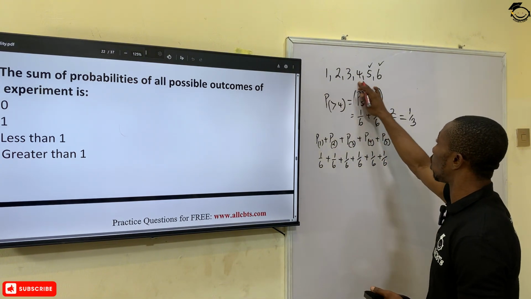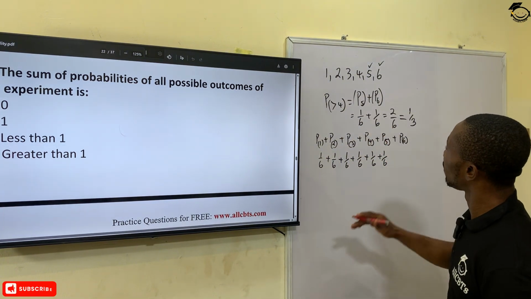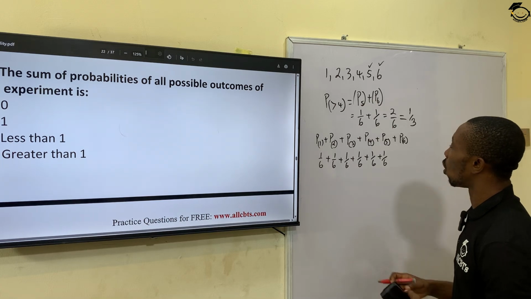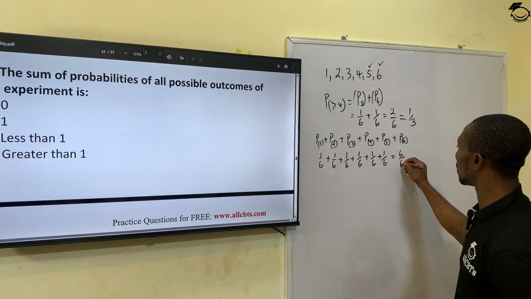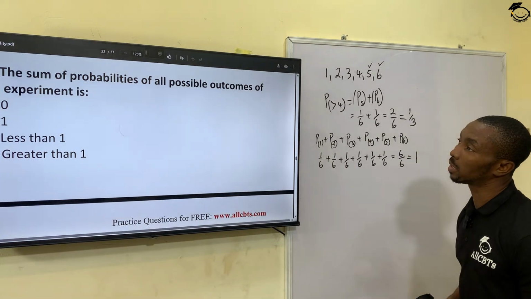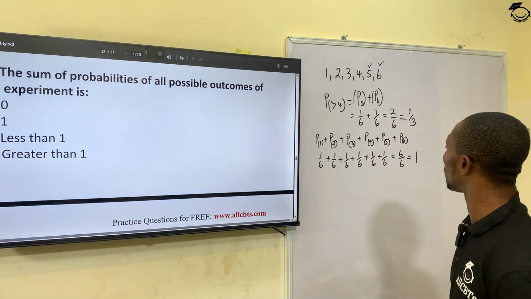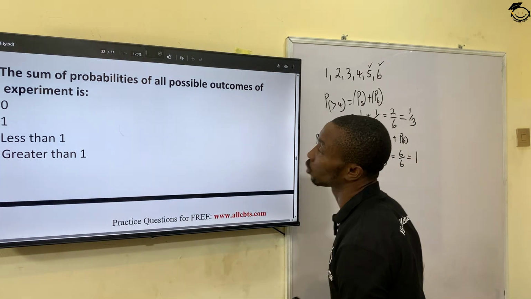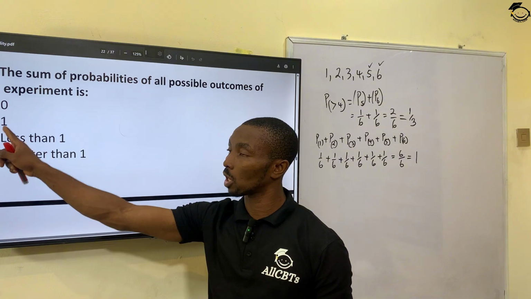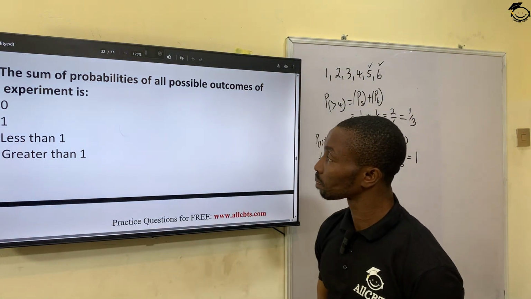Since each and every one of them have the same likelihood or opportunity to occur, now this will give us 6 over 6, which means the sum of all the probability possible outcomes in any probability is equal to 1, which is our option B.